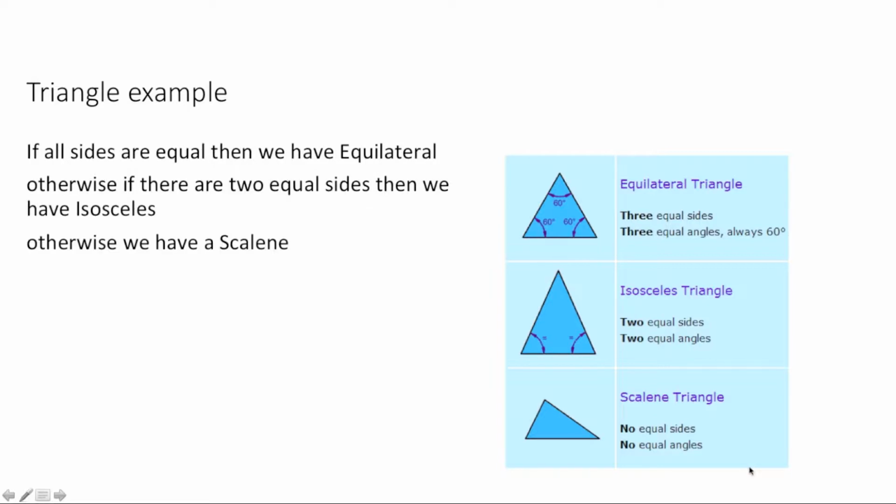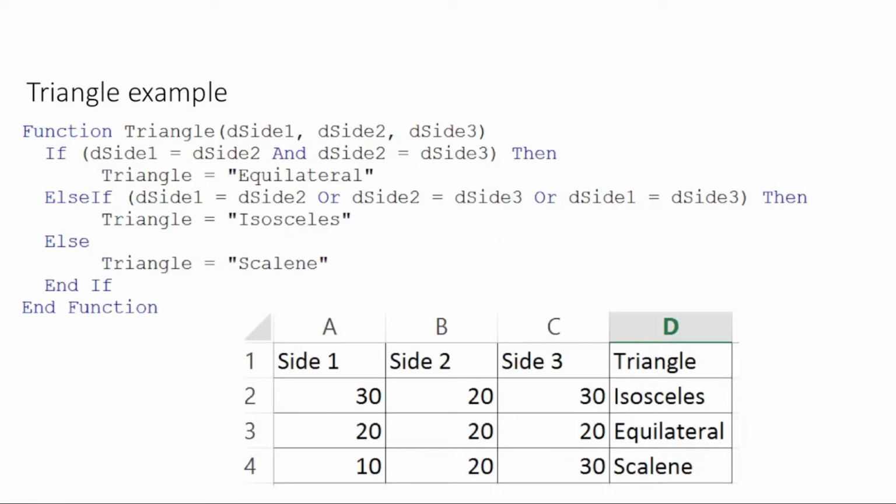The solution will check for the equal sides first to assign the equilateral. Then if that is not true, check if we have 2 equal sides. In that case we have the isosceles, and the last option will be scalene. So in the case that we have not equilateral or isosceles, then we have the scalene triangle.